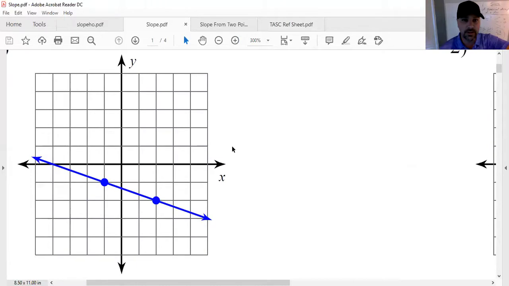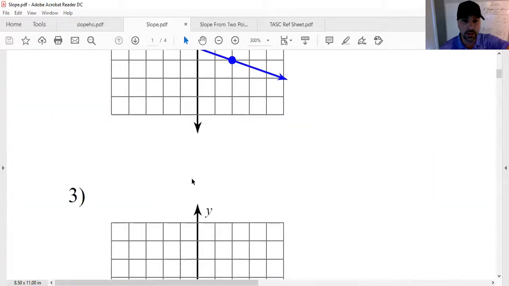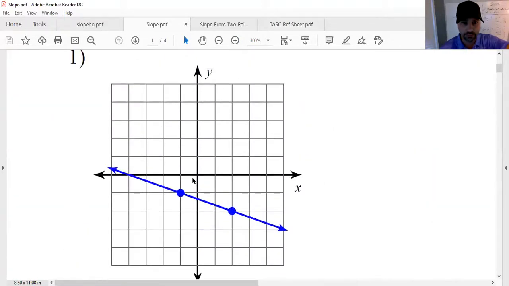Now let's go ahead and I'm going to take a little closer look at number one. So it's dropping, but now we need to describe how fast that line is dropping. And so when we do that, we find 2 points on the line and we have to describe them. So make a little slope triangle.